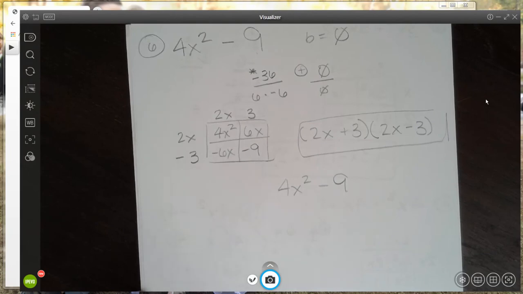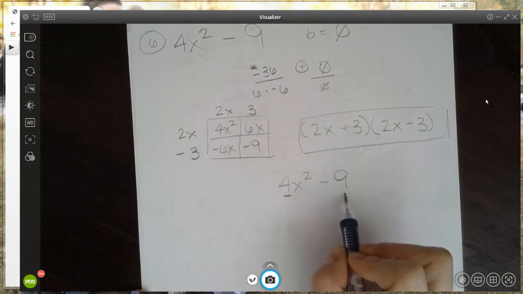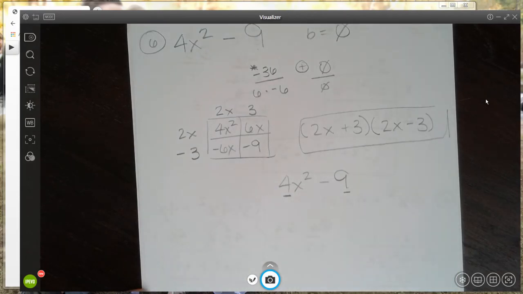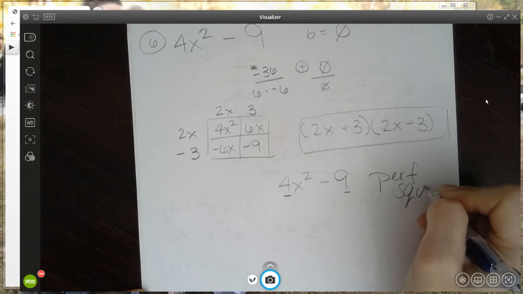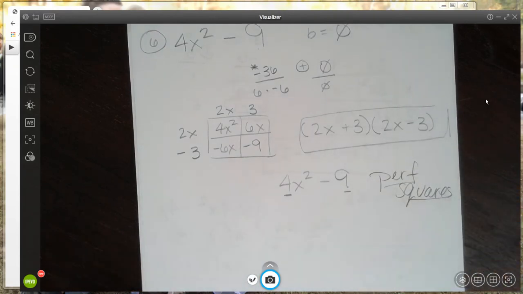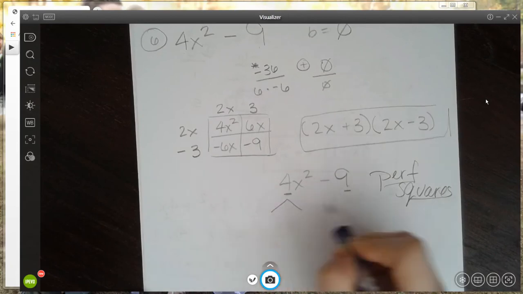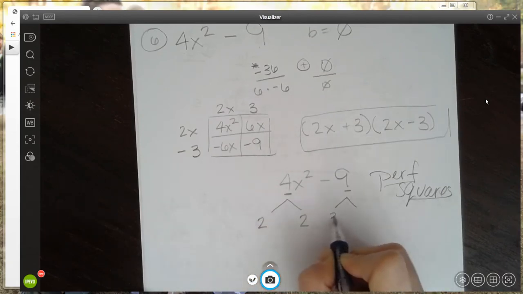This only works if the a value and the c value are perfect squares. It's the only time it works, because I can break these down into their perfect squares.